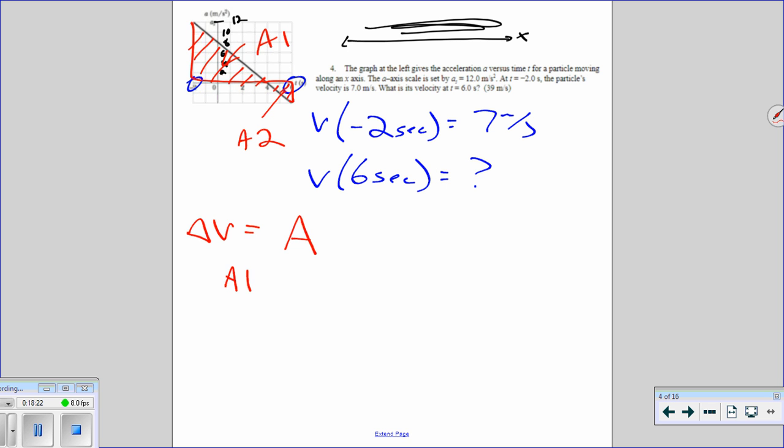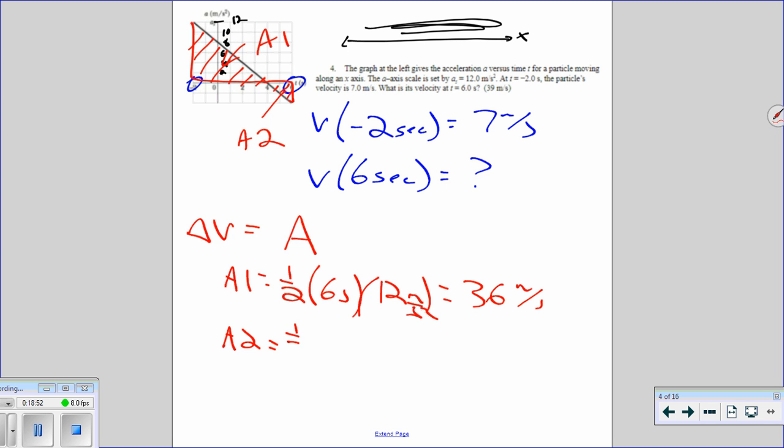Follow? So A1 is going to be 1/2 of base. So from -2 to 4 is 6 seconds. Right? Yes. Times height, which is 12 meters. So that gives us 36, right? Yes. Everybody good with that? All right, and then our A2 is 1/2 of base, which is what, 2 seconds, times -4 meters per second squared.